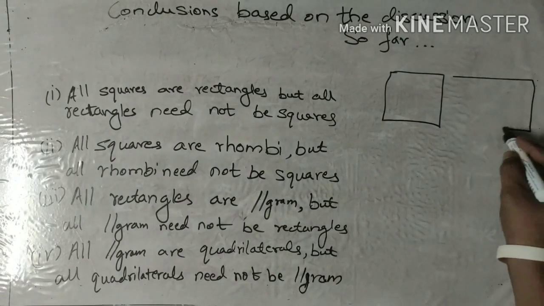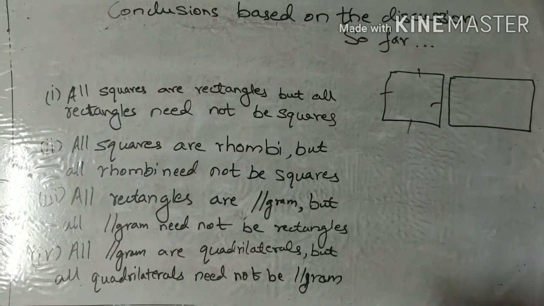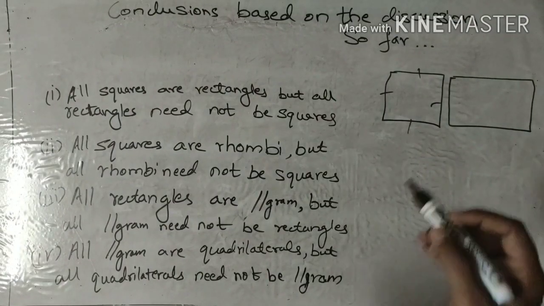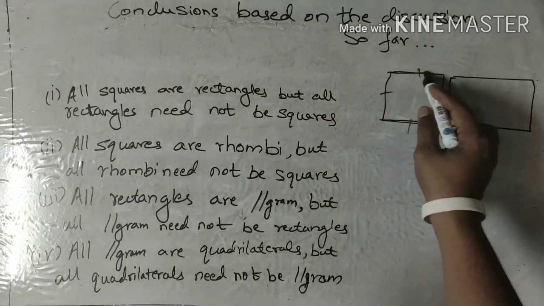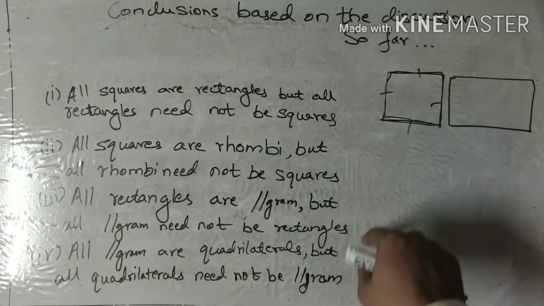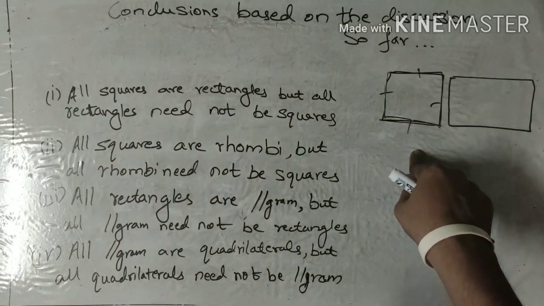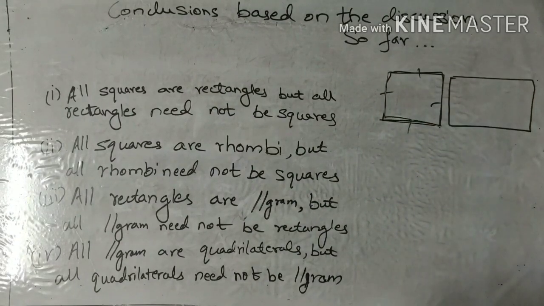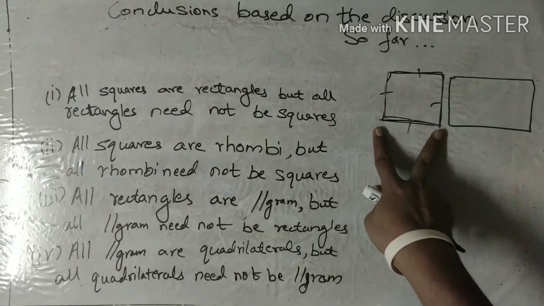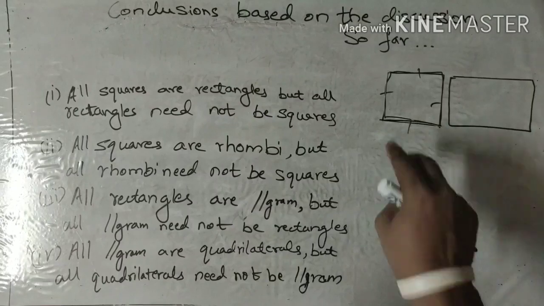Under rectangle, any property that I label as of a square, I may call it a rectangle too, because opposite sides of a rectangle are equal and parallel, angles are right angles, diagonals bisect each other. So all these properties of the rectangle are satisfied by this square.